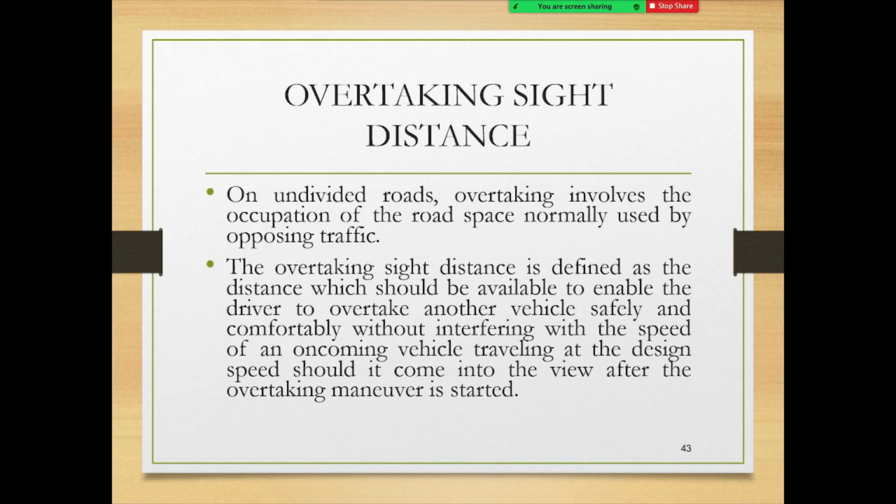Overtaking involves the occupation of the road space normally used by opposing traffic. The overtaking sight distance is defined as the distance which should be available to enable the driver to overtake another vehicle safely and comfortably, without interfering with the speed of an oncoming vehicle traveling at the design speed, should it come into view after the overtaking maneuver is started.